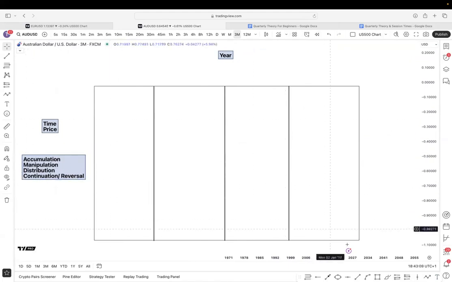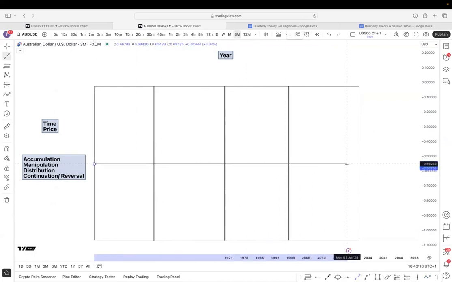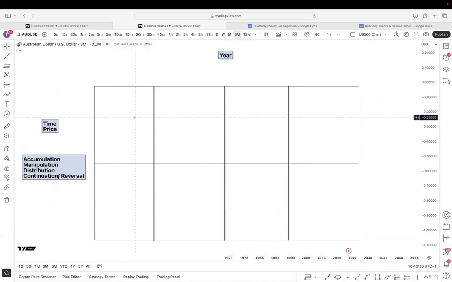So what this would basically look like from a yearly point of view is, actually what I'm going to do is split this completely in half here. I'm going to draw at the top here first, because what we want to see is accumulation in the first part of the year.